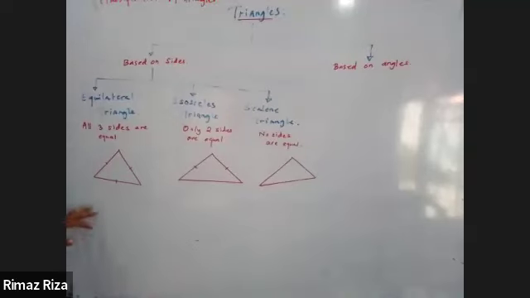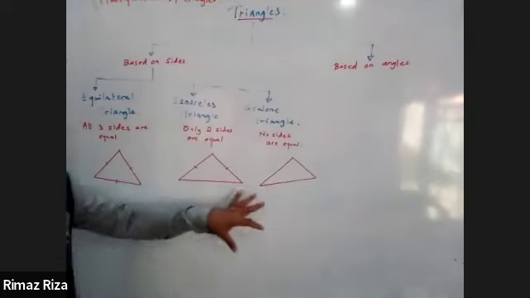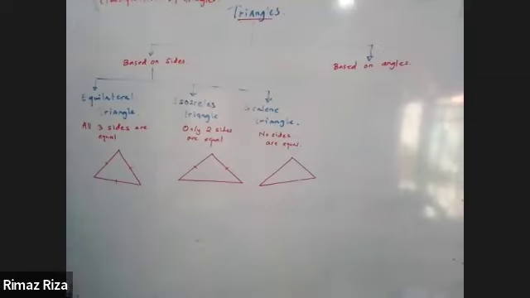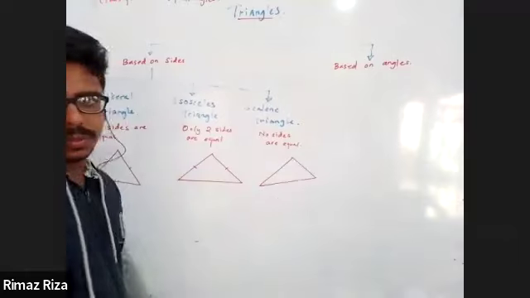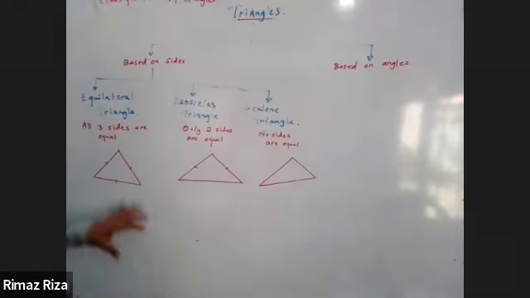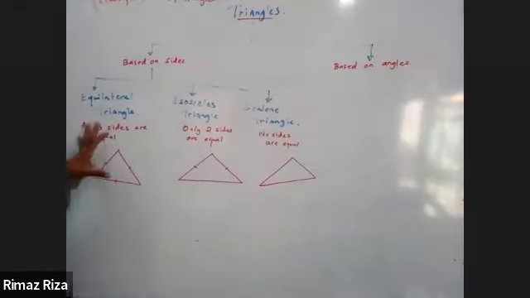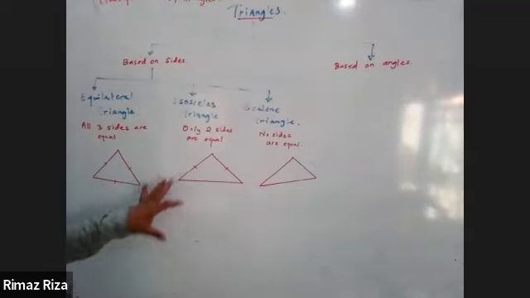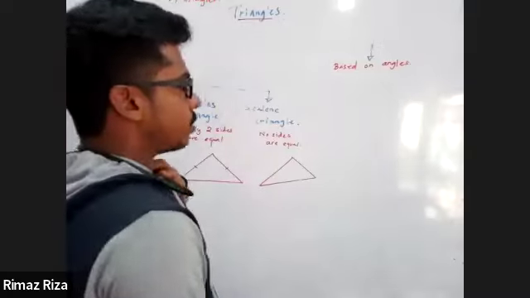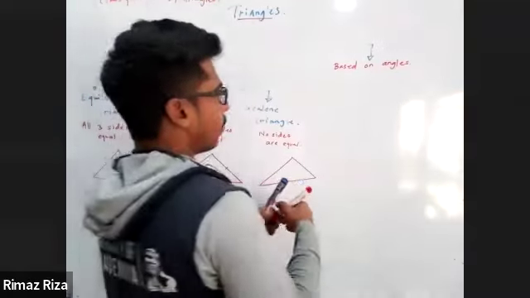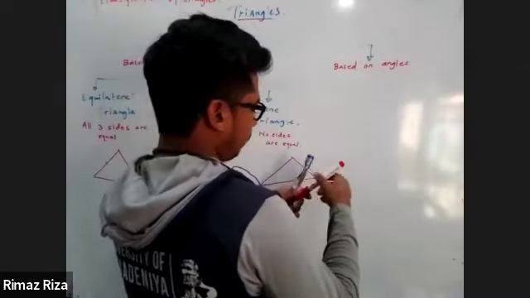So then we have to discuss further about each of these triangles. Now here, in a scalene triangle, there is no specific thing that we can discuss, but we can discuss further about equilateral triangles and isosceles triangles. And then based on the angles also we can classify the triangles, right?